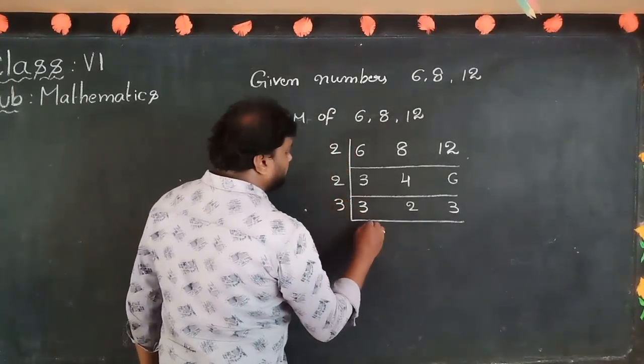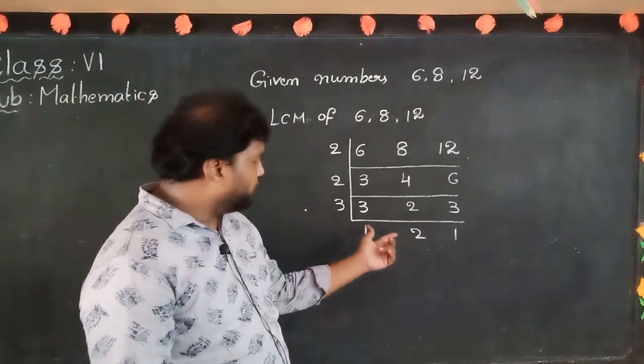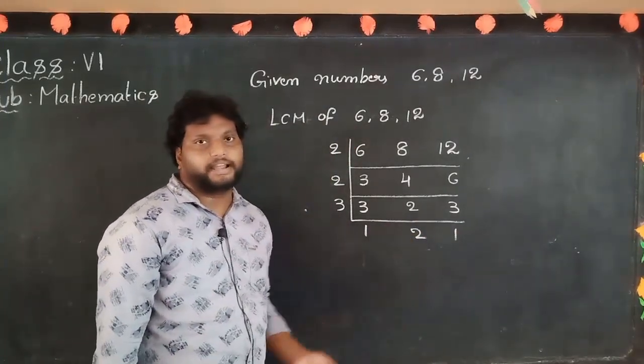Next 3 1s are 3, 3 2s are 6... here only 1 is there, only 1 2 is there, so no need to take again.